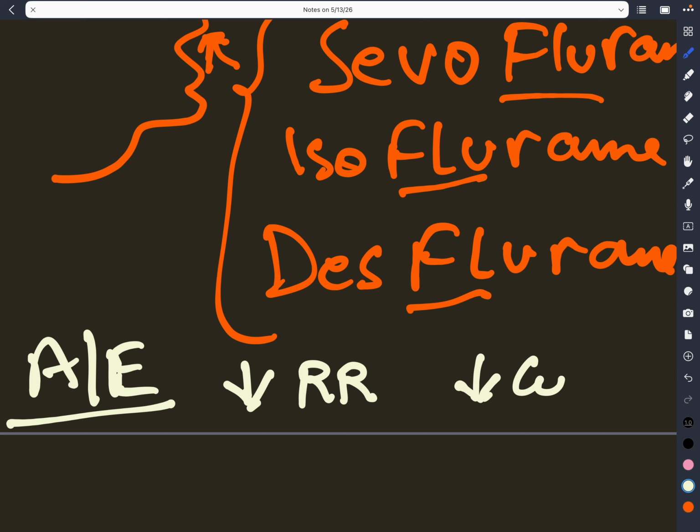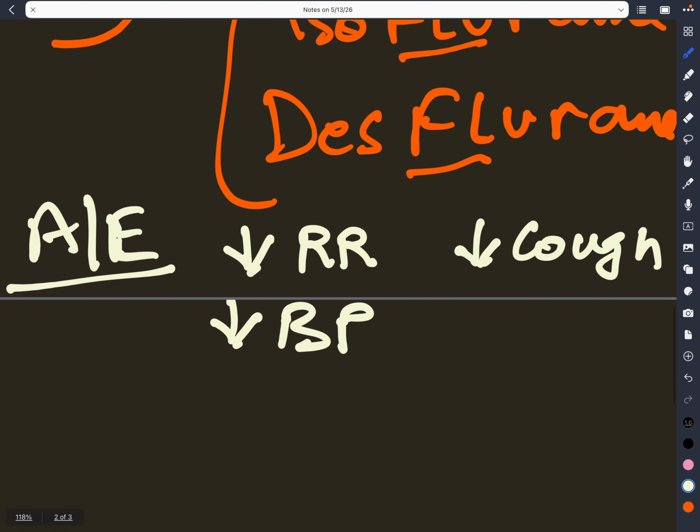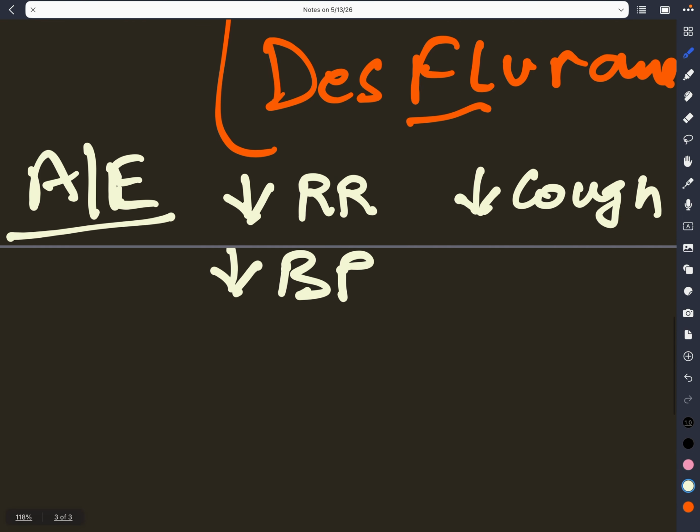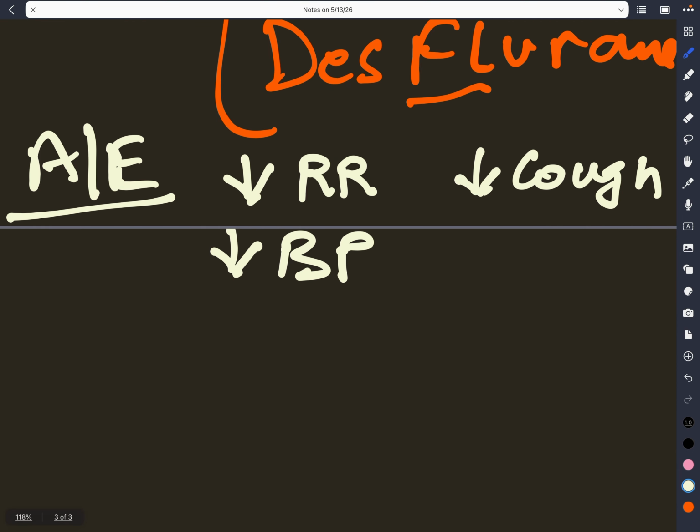Also decreased cough reflex and decreased blood pressure. And what increases if blood pressure is decreasing? Increased ICP, intracerebral blood flow, and a decrease in metabolic rate.